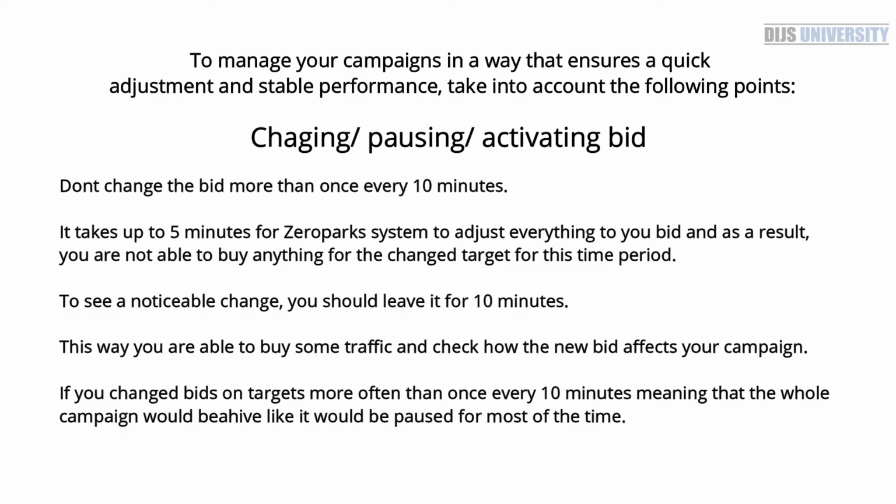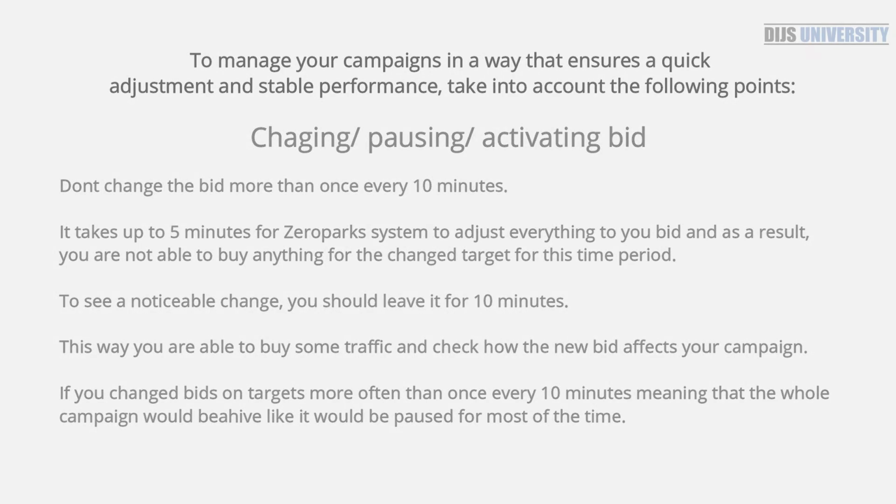So in order to see a noticeable change, you should leave it for at least 10 minutes. This way you're able to buy some traffic and check how the new bid affects your campaign. If you change the bids on targets more often than once every 10 minutes, the whole campaign would behave like it would have paused for most of the time.